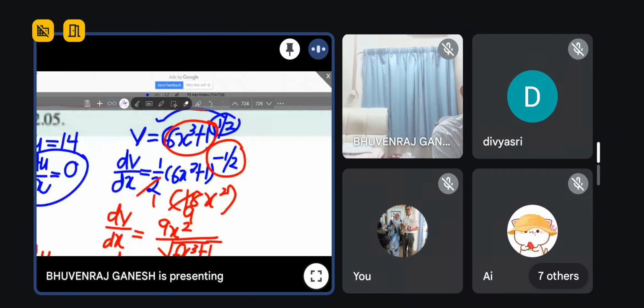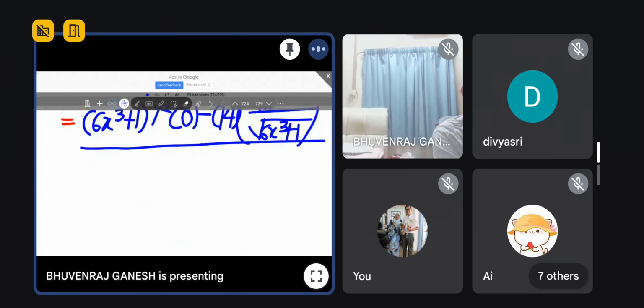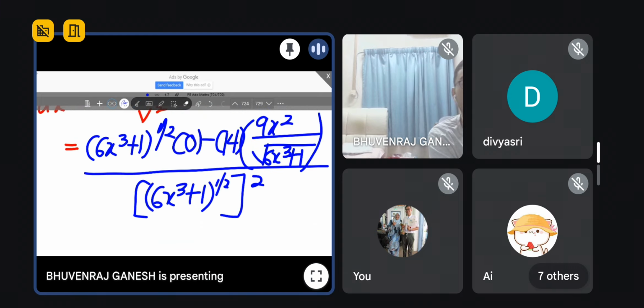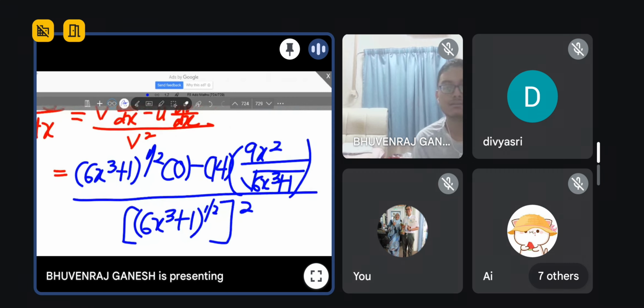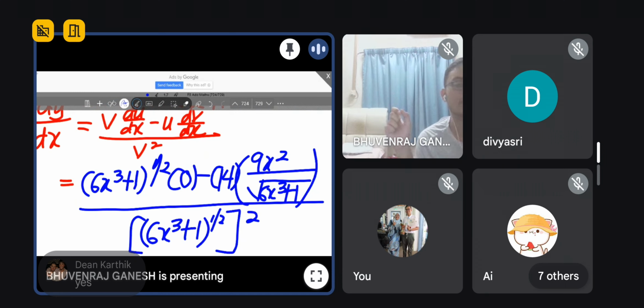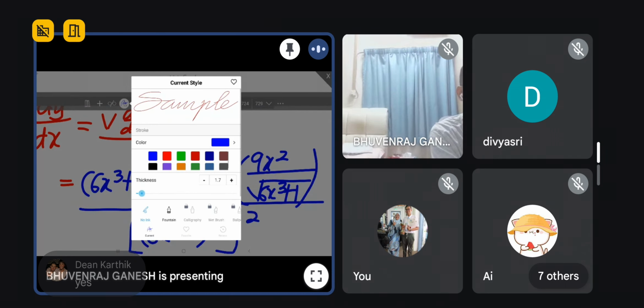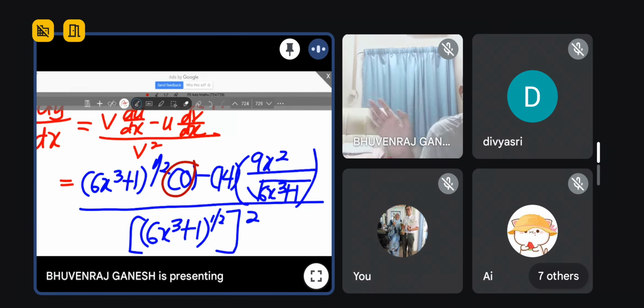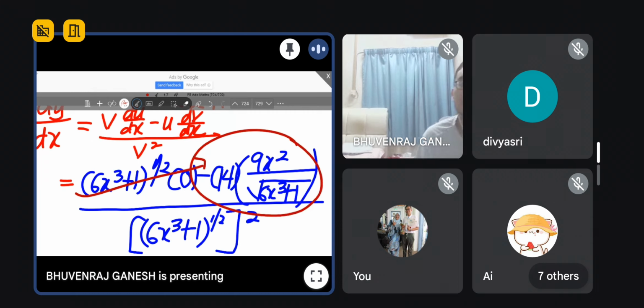So v squared is this one squared: 6x cubed plus 1 power half, and then squared. Can you understand what I write here? This whole thing looks complex, but don't worry, we can simplify it. Permudahkan. Anything times 0, settle. There is nothing here, you can cancel off. So left only this one.